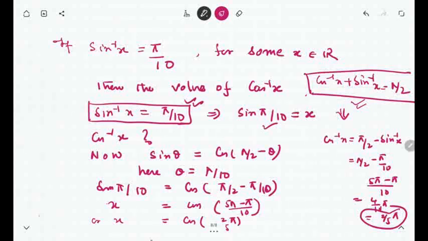This implies cos inverse x is 2 by 5 pi.